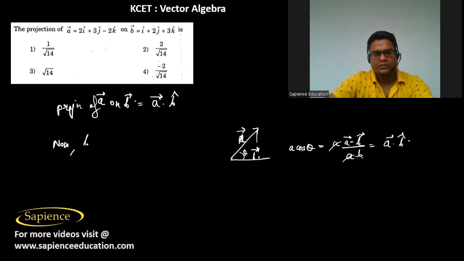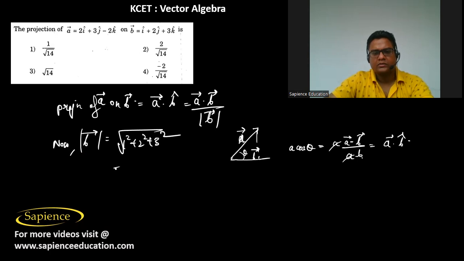So therefore, I can say it is A vector dot B vector divided by magnitude of B vector. Now magnitude of B vector will be equal to square root of 1 square plus 2 square plus 3 square, which is 1 plus 4 plus 9, that is root over 14 units.